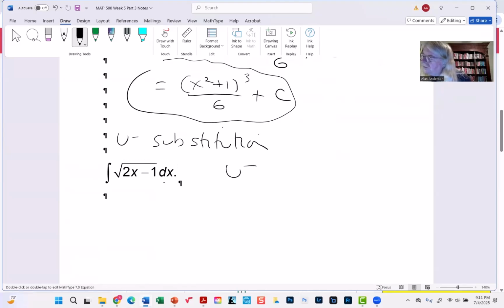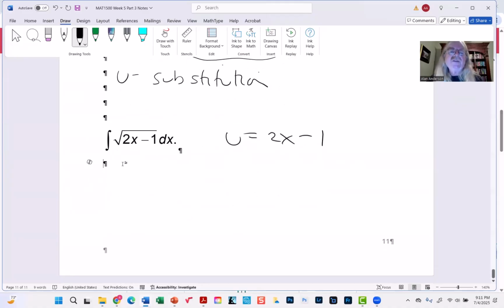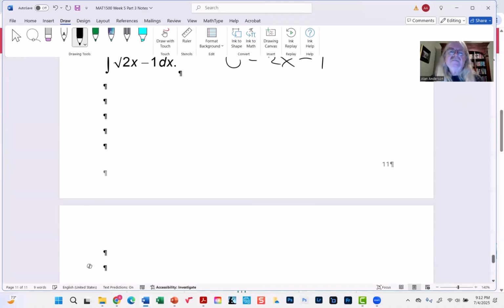So let's try u equals 2x minus 1. By the way, if you get this wrong, you can just try again with a different value. It's okay if you miss it. You'll know if you pick the wrong value of u because you'll end up with an expression that's even messier than the one you have now. In other words, you're not helping yourself.